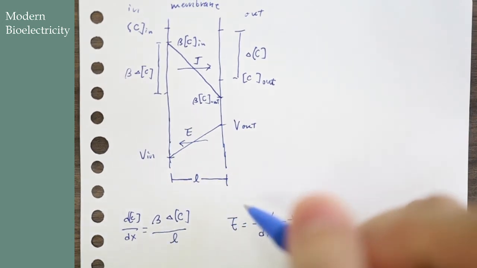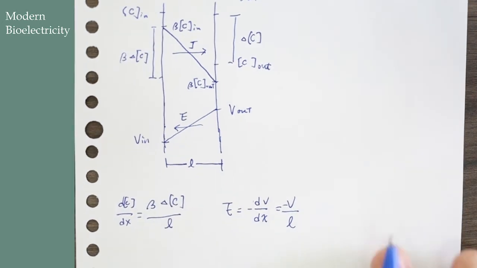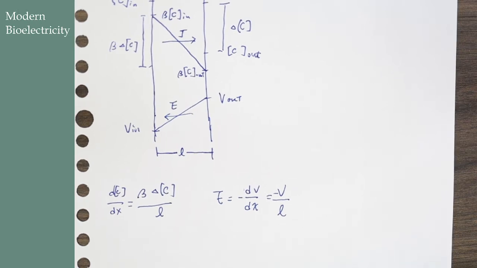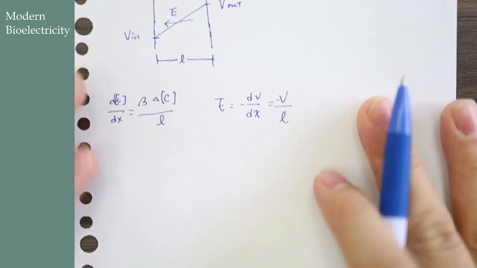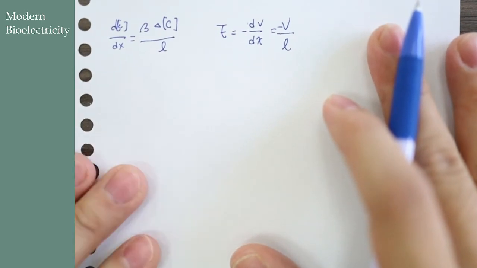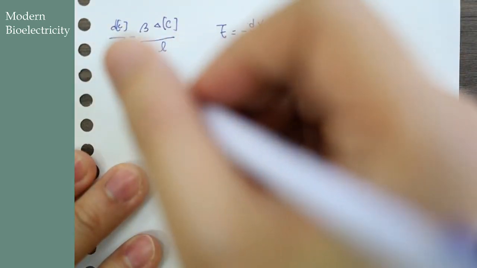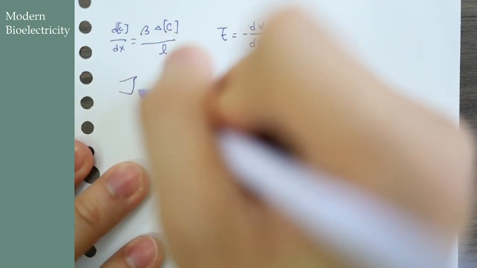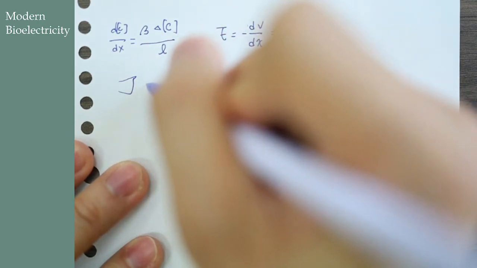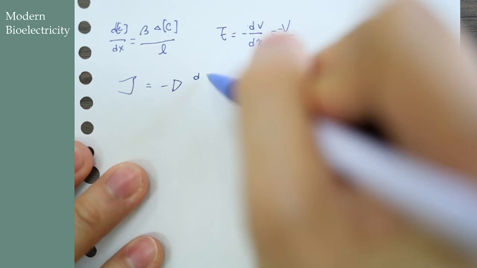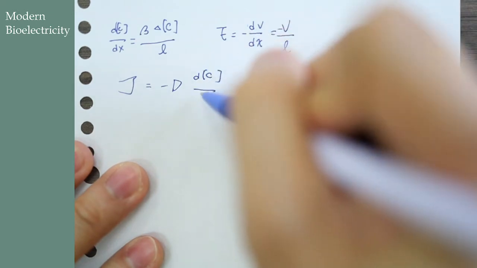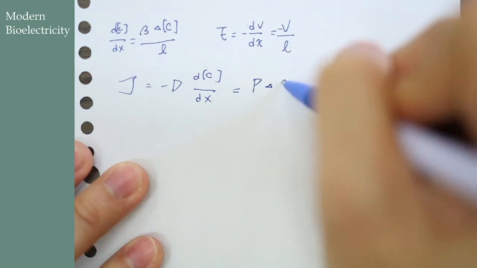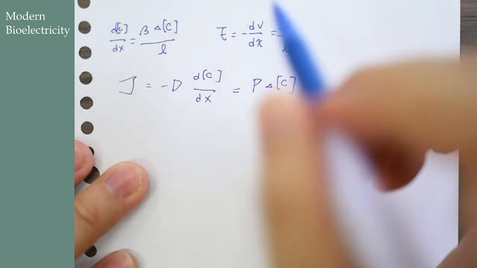So with these two, we can start. The Goldman-Hodgkin-Katz equation is based on the Nernst-Planck equation. The last calculation is the permeabilities. So the chemical gradient from Fick's law is equal to D dc dx, right? Which is equal to the permeability times the difference between these two sides of the membrane.